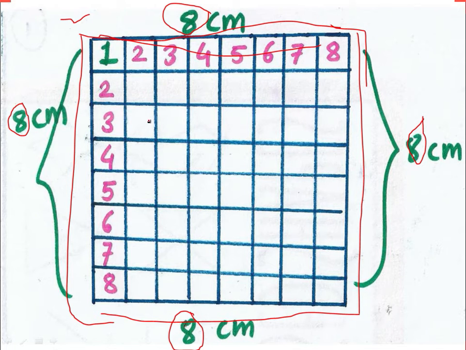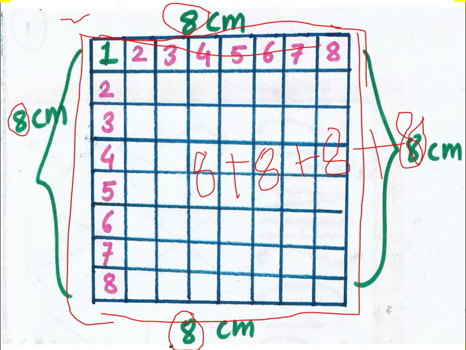After counting the measurement of all borders, what will you get? 8 plus 8 plus 8 plus 8. So after counting the border, you will get the answer, that is 32 centimeter. So 32 is nothing but the perimeter of this square. So this is very simple.